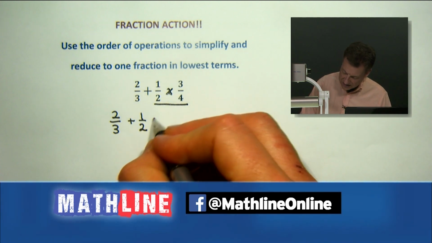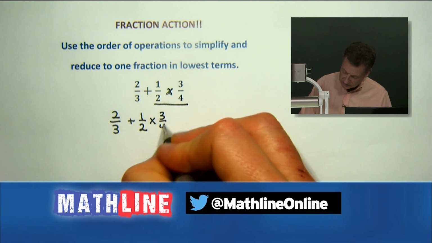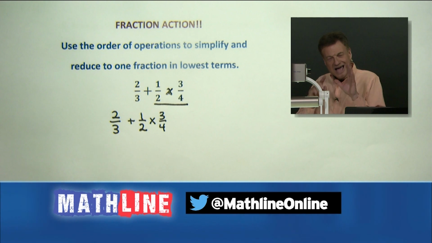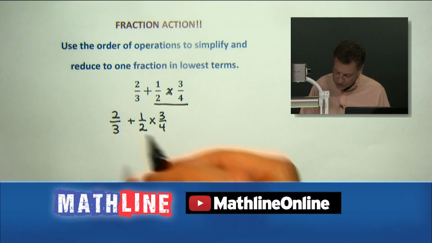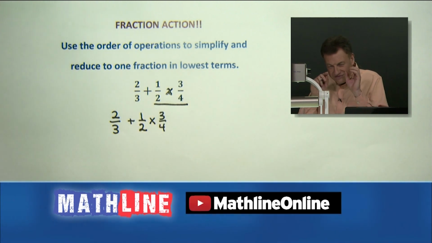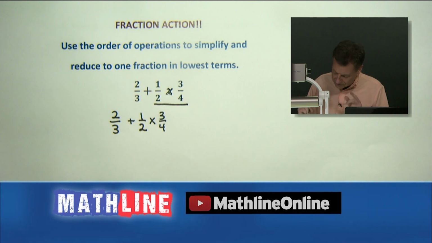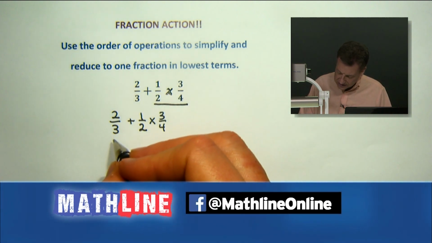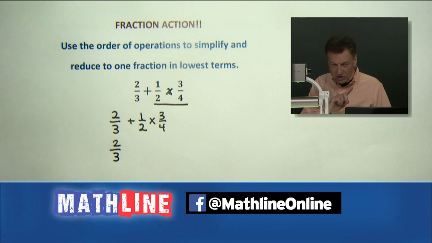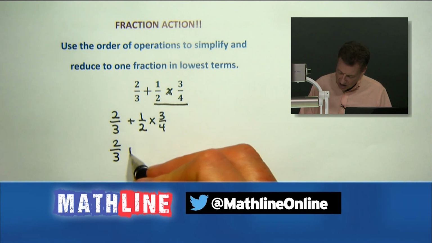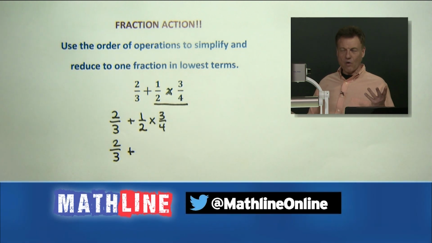So I'm going to just rewrite it down like the rest of y'all are doing. And let's do the multiplication. Now, there aren't parentheses there, but if you want to put some there to help you out, that's fine. Looking through there, keep the 2/3 where it is. We'll worry about it in a little bit. Let's worry about our multiplication. So we're taking half of 3/4.